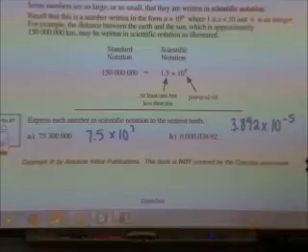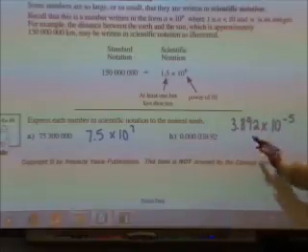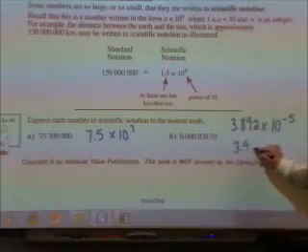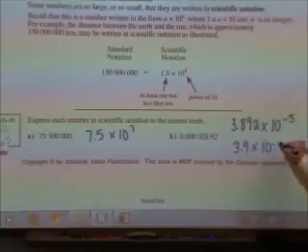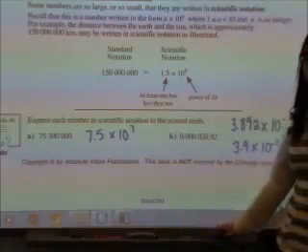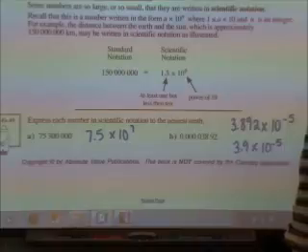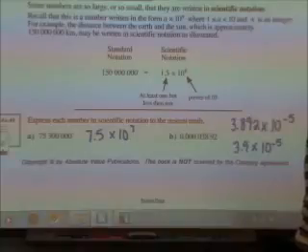So now if I change this to be to the nearest tenth, what happens to my 3.892? But my 10 to the power of -5 will stay the same. It's the base that changes, not the power.